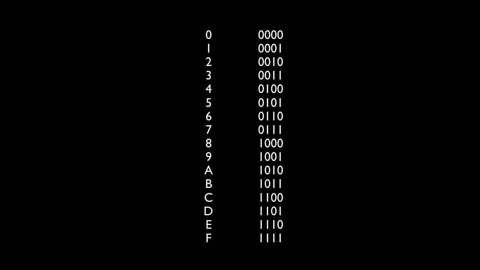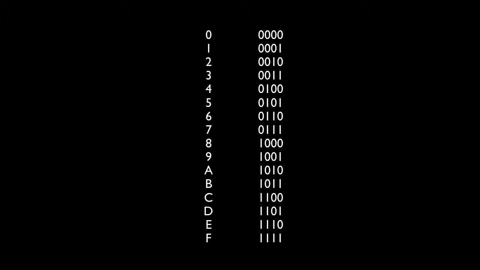What's the third column? 4 zeros and then 4 ones. What's the last column? 8 zeros and 8 ones. Okay? So if you need to draw this table, maybe during a midterm exam, hint, this is how you draw the table.